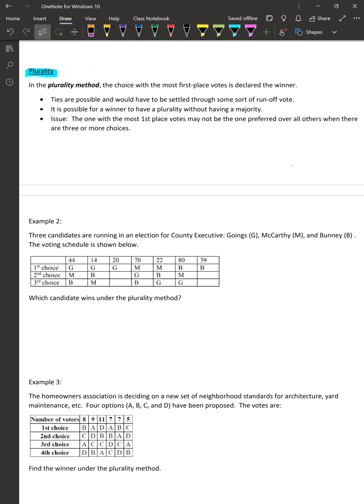If you remember, majority means more than 50%, so more than half. So if you have more than 2 choices, you could have a winner that did not have the majority vote, but they got the plurality, meaning more people voted for them in first place, but they still don't have more than half the votes, which may or may not be a problem depending on what you think.